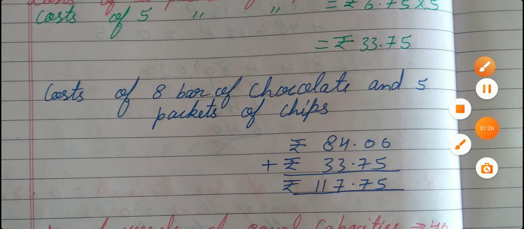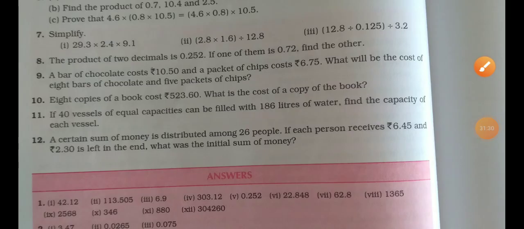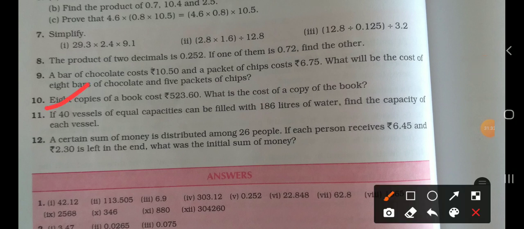Next, question number 10 is here. 8 copies of a book cost rupees 523.60. What is the cost of a copy of the book? Student, here we have to divide this 523.60 by 8.